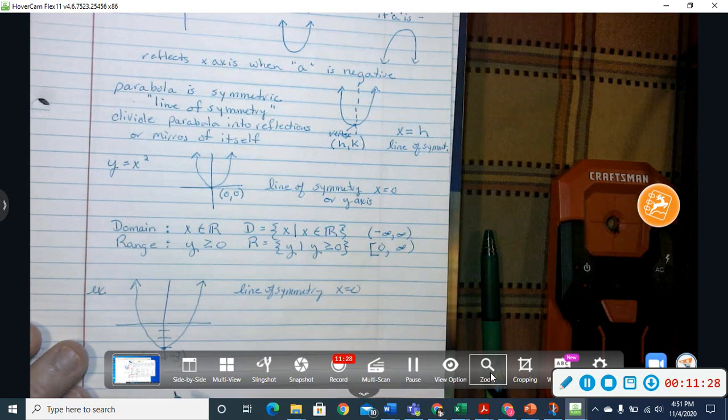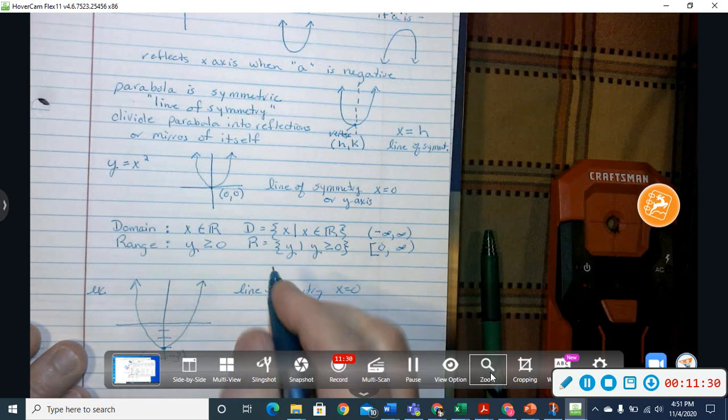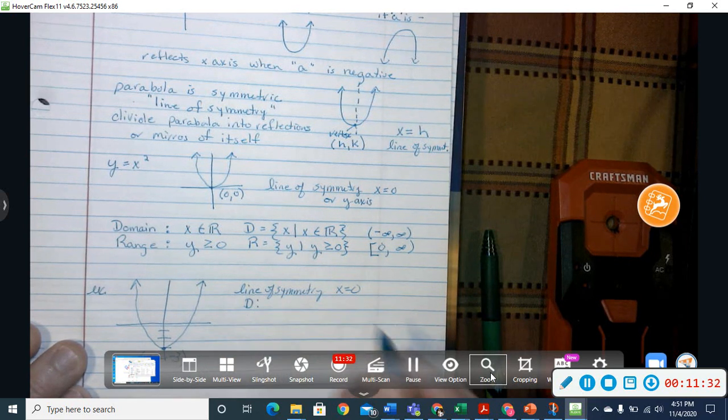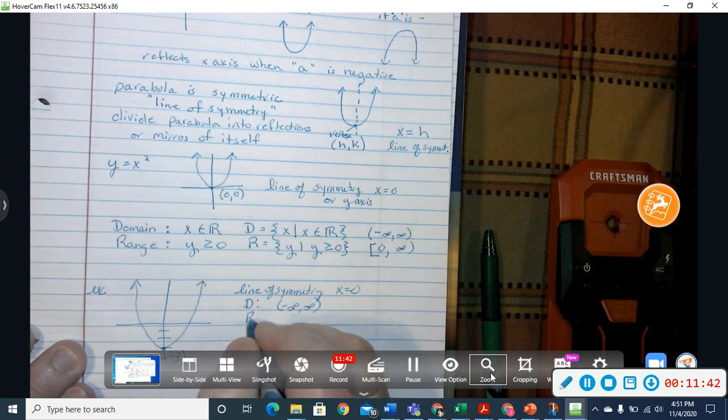The vertical shift did not change the domain. So the domain is still -infinity to +infinity. The vertical shift does change the range, however. So the range now has shifted down like the graph has.